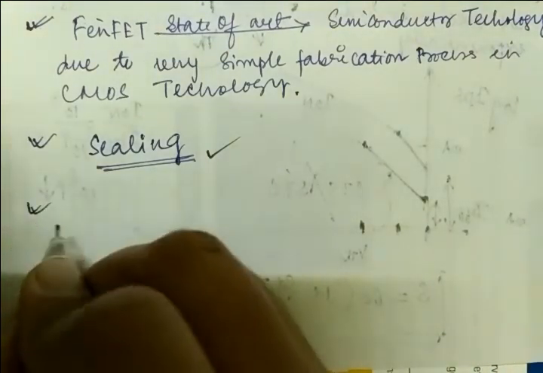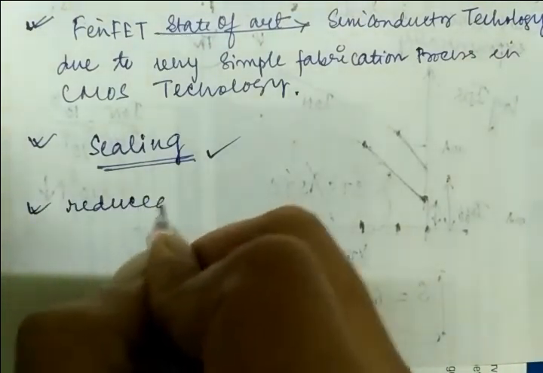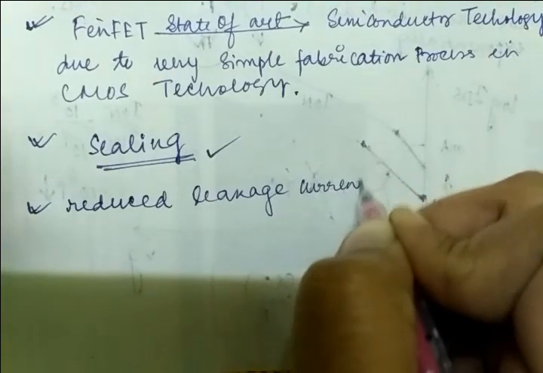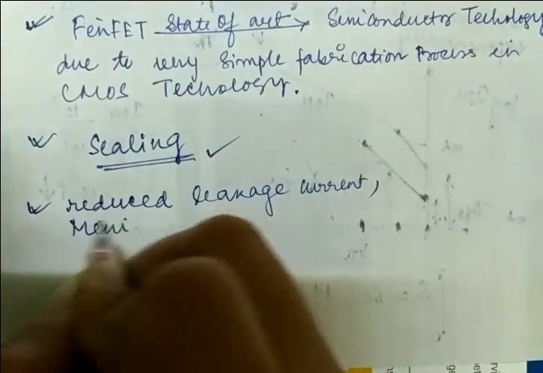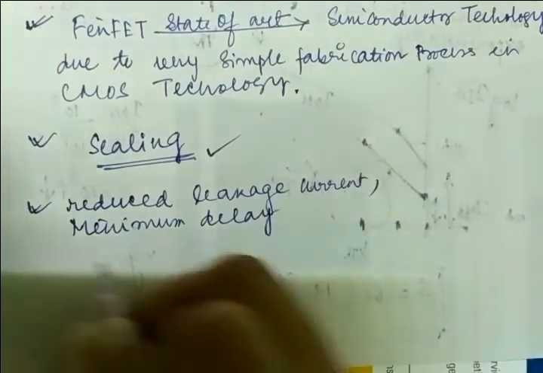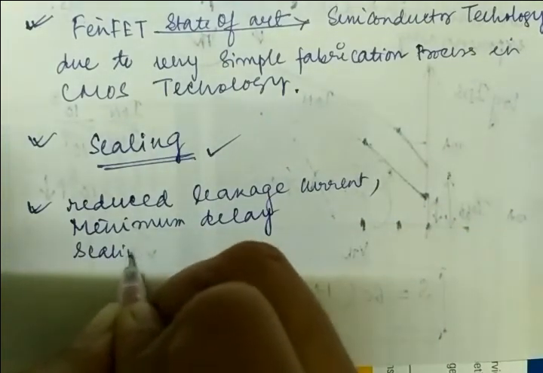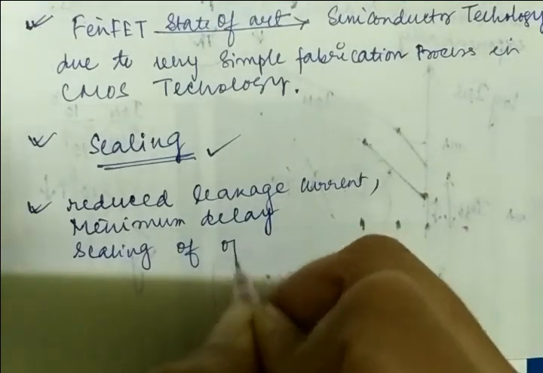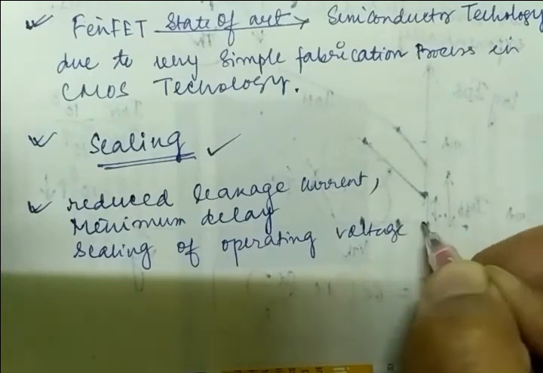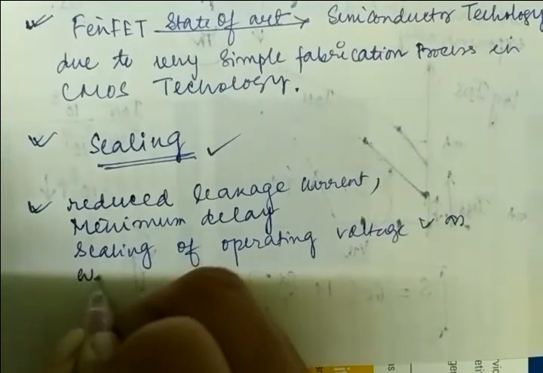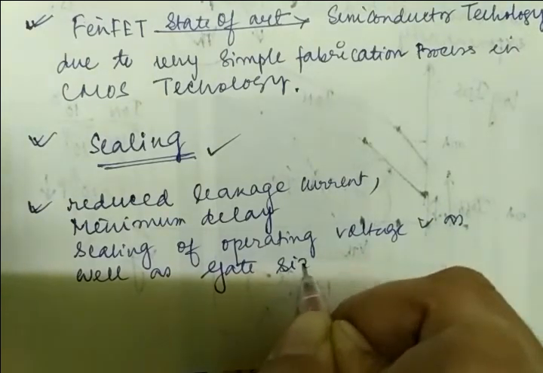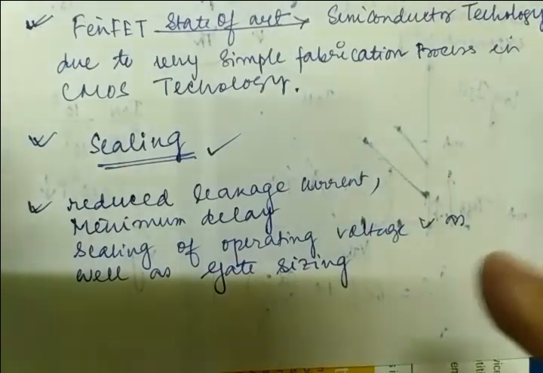So I must state the points: reduced leakage current, minimum delay, that is our requirement, and scaling of operating voltage as well as gate sizing. All are done in FinFET.